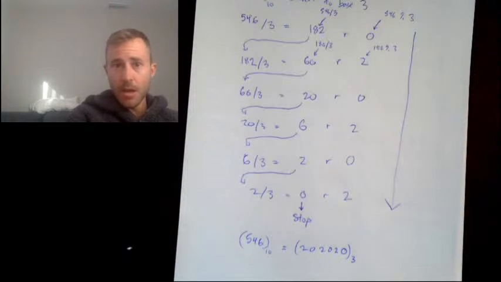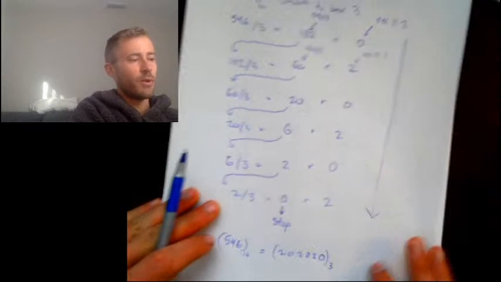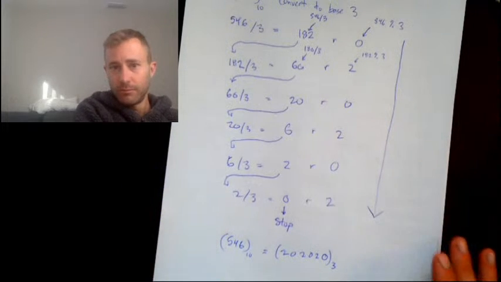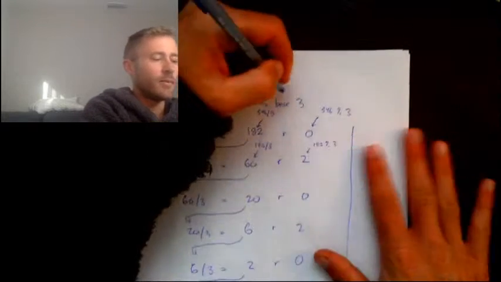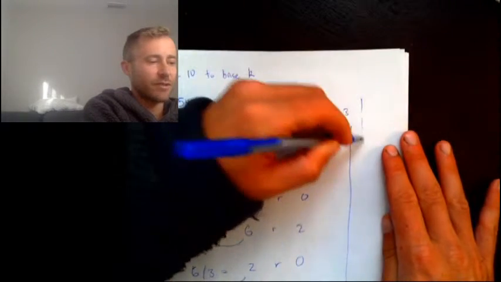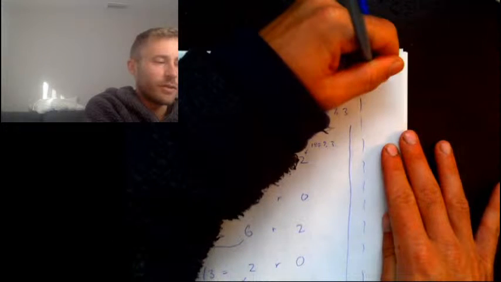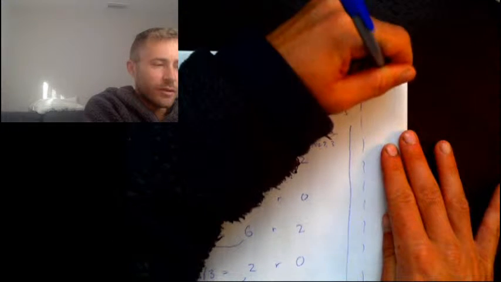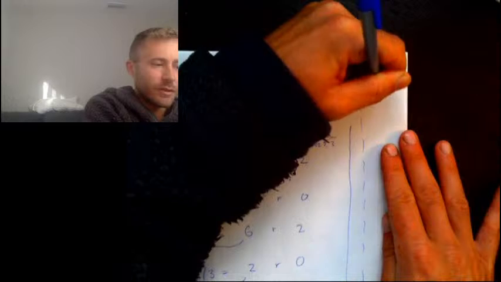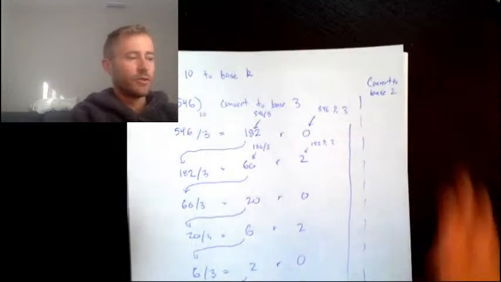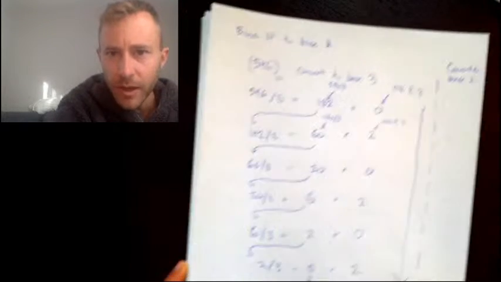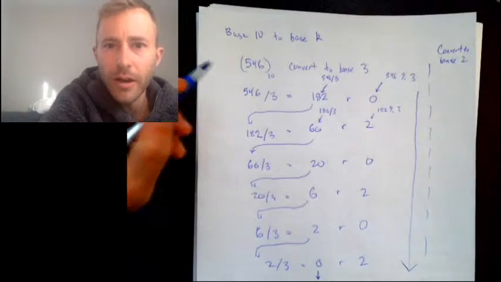Okay? What if we want to put it in base 2? Let's just go through the same process. So the algorithm is exactly the same. So what if we convert to base 2? So instead of dividing by 3, we're going to divide by 2. All right.